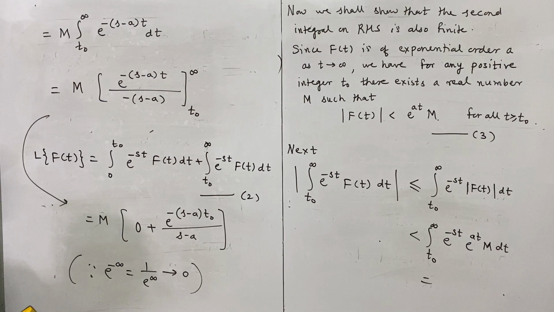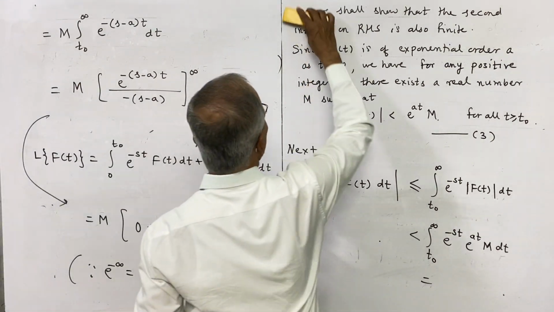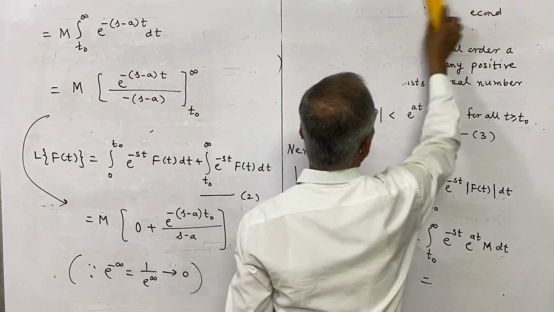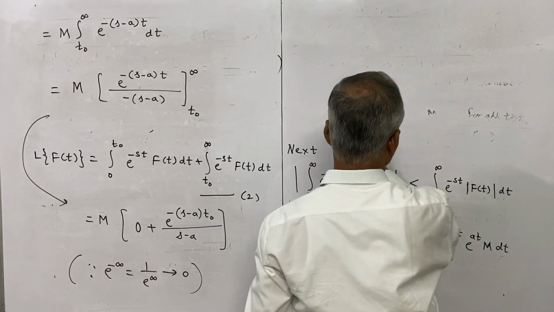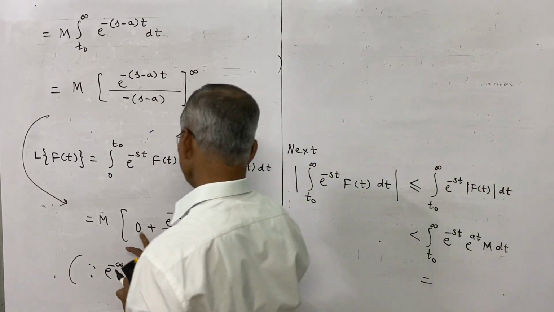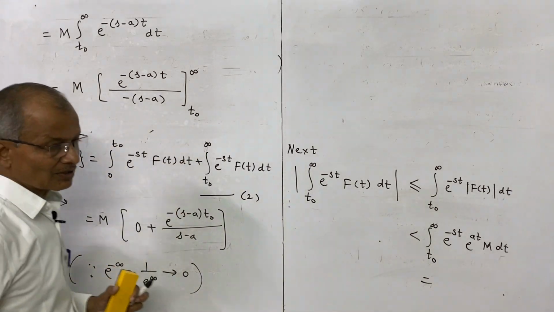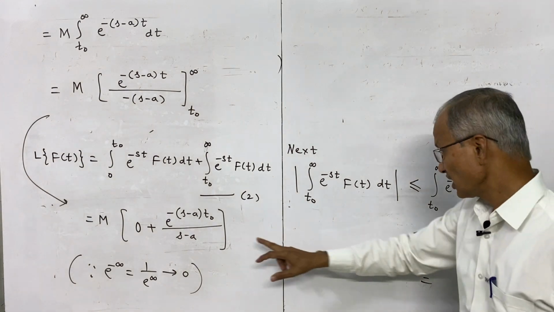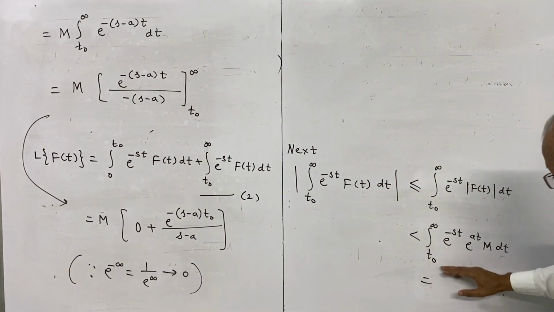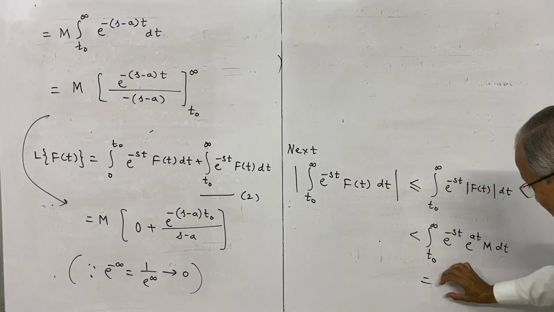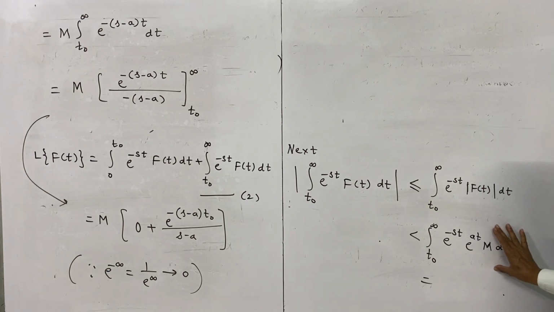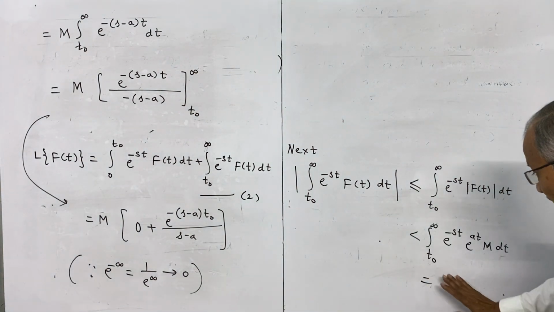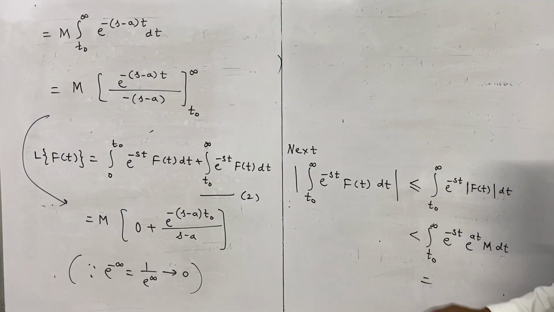So finally this is equal to M into this expression. But what is the relation between this integral and the last expression? Here I have written an equal sign, but that equal sign is for this expression only. The relation between the left side and the right side is strictly less than.